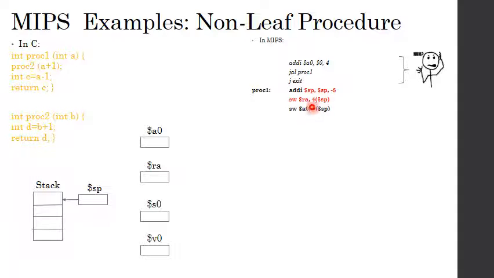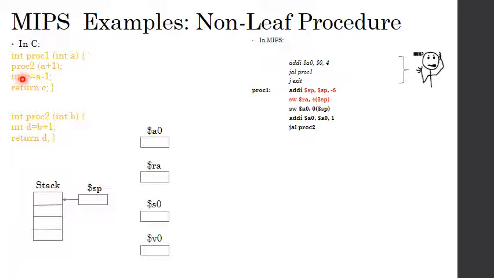Alright, so now that I've done that, all I have to do is add 1 to whatever value I have, and then jump to procedure 2. Right, I'm assuming that I jumped to procedure 2, and then I'm back. Once I'm back, I should go to the very next instruction.